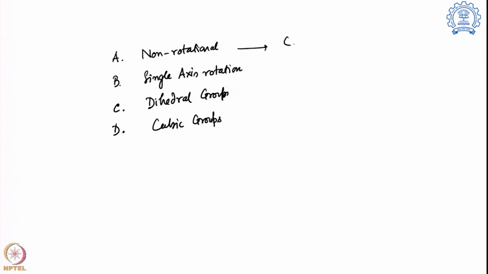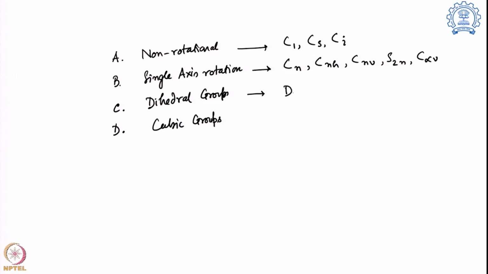So, non-rotational groups are C1, Cs or Ci, single axis rotation groups are Cn, Cnh, Cnv, then we also have the other point groups like S2n or C infinity v.